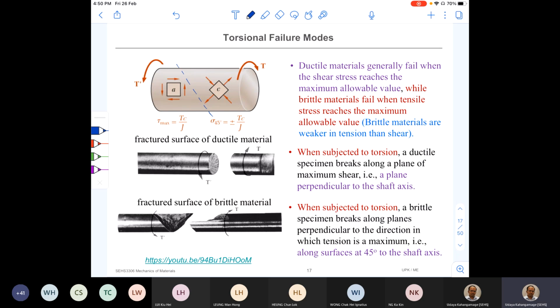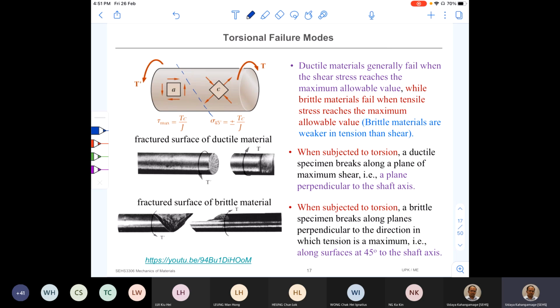If you try to bend it, it will break easily. But shearing across its cross section is very hard, while bending will create a normal stress, and then it will break easily. So this is something very interesting when it comes to torsional loads.